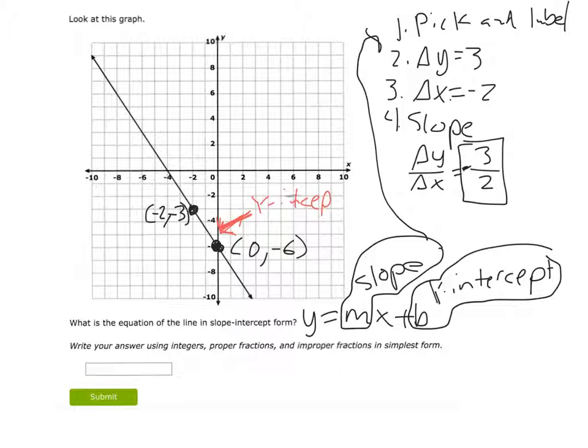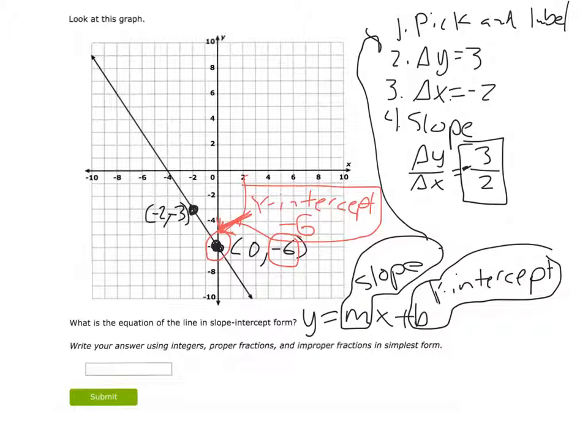Horrible spelling, bad painter. Let's go back. There we go. And that's y-intercept. The y-intercept is crossing right here at -6, so that's the y value there. So -6. Plug them in.